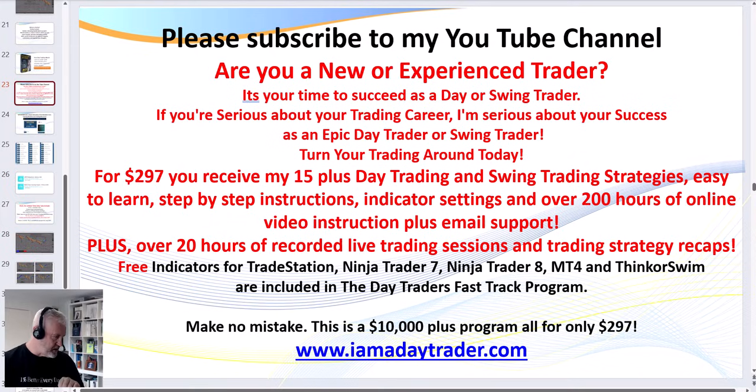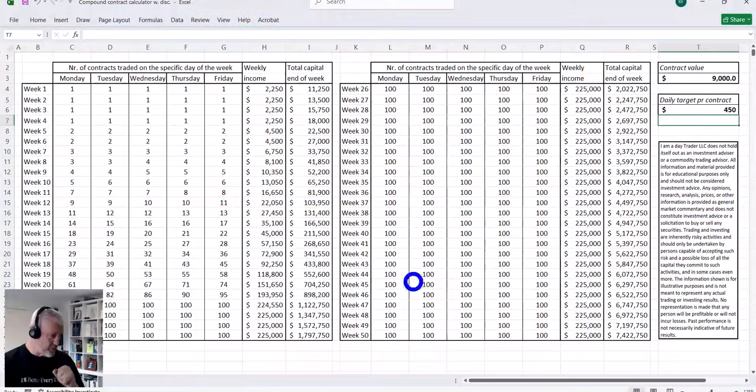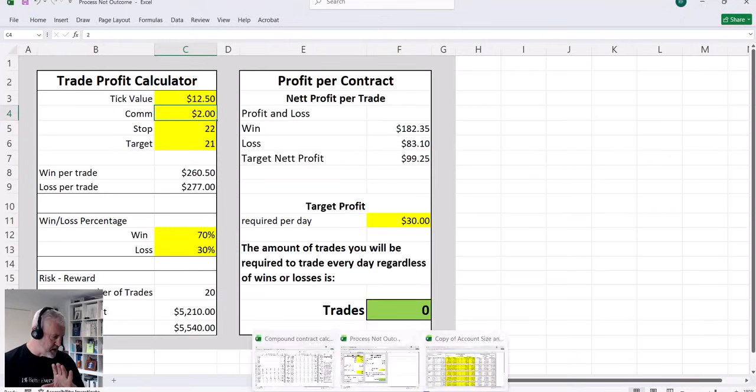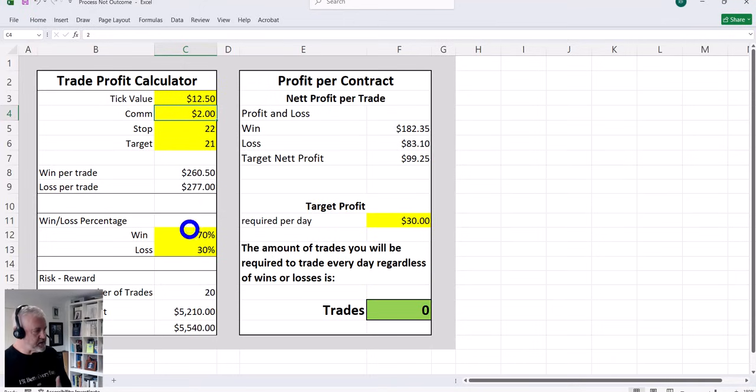One thing I didn't get into is I was going to run through with you the Excel spreadsheet, how many trades a day you will need to hit your target, and then funds required. I've got all of these done for members. So let's just do this very quickly. If you wanted to net 250 a day on the ES, okay, so let's be sensible here.